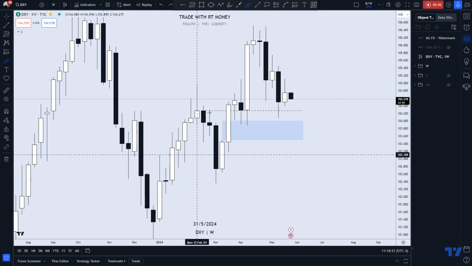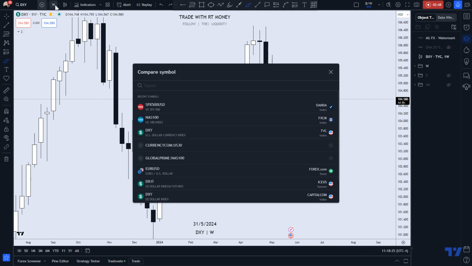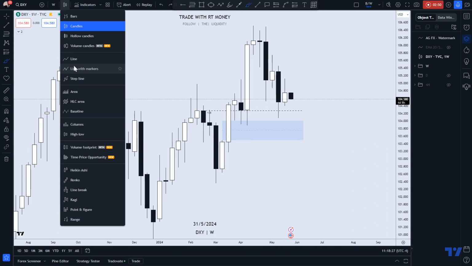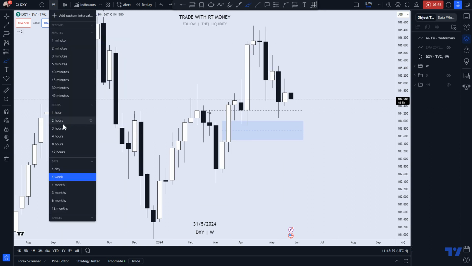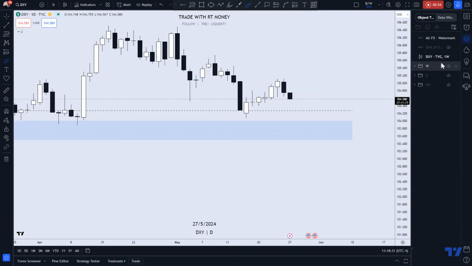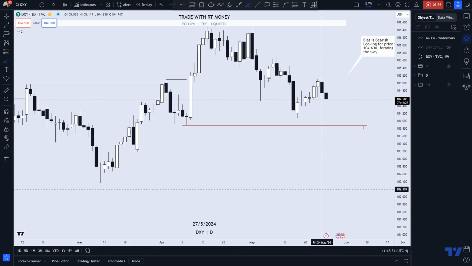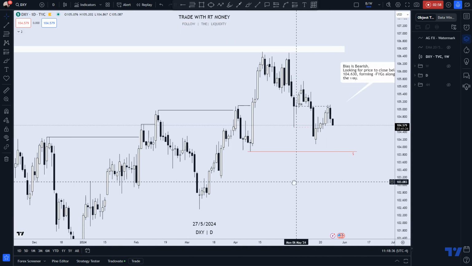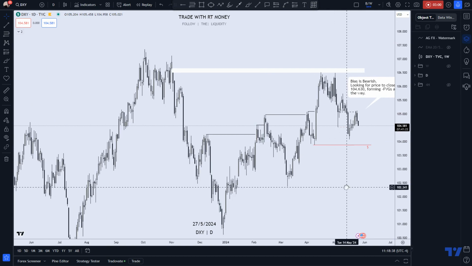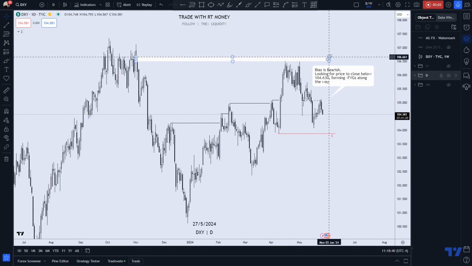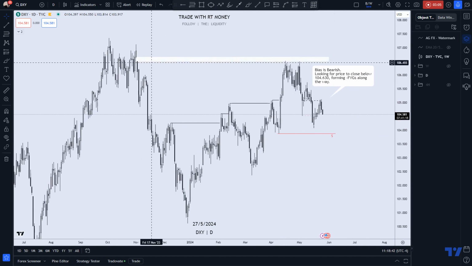Okay, if we go to the daily, we can see, don't ever let anybody tell you that volume imbalances don't matter.